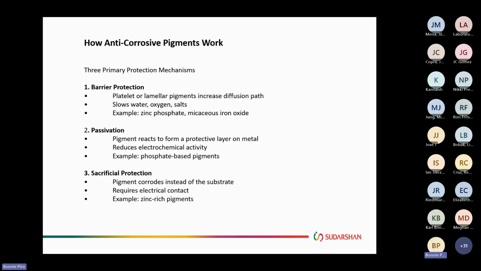In these particular cases, the pigment itself will corrode versus the substrate. So it's that first line of defense, if you will, that takes the hit to protect the metal substrate. In this case, zinc-rich pigments are typically used in this type of mechanism.